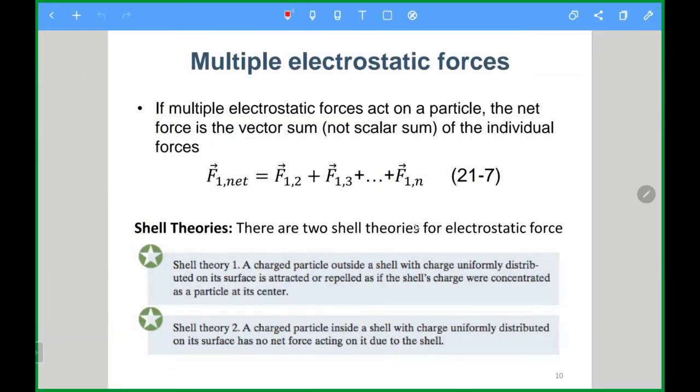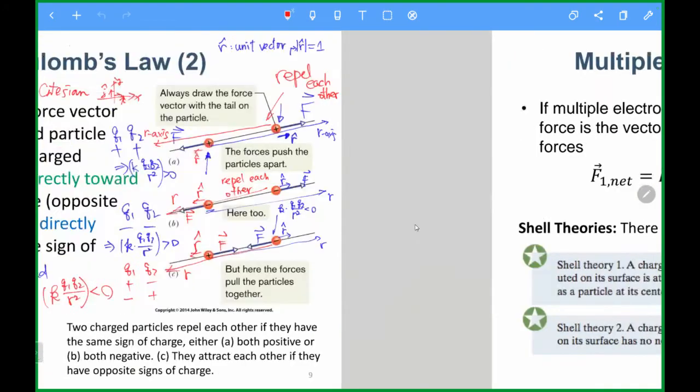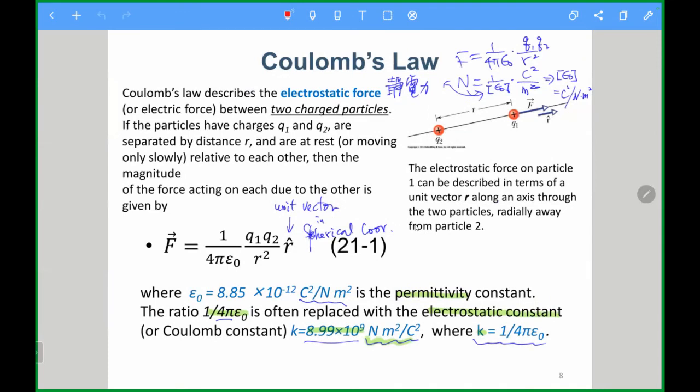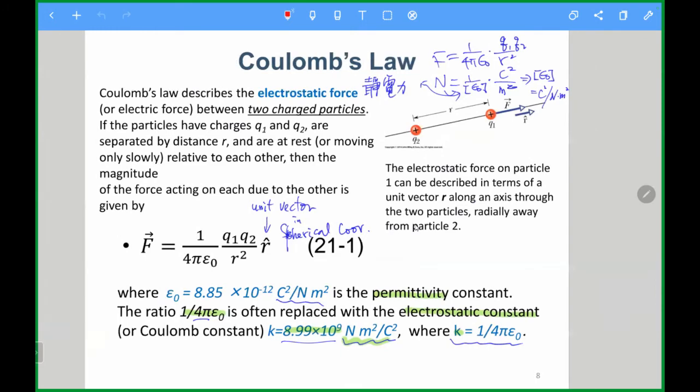Okay, so just now we mentioned the electrostatic force between two charges. So if we have more than two charges, what will it be?